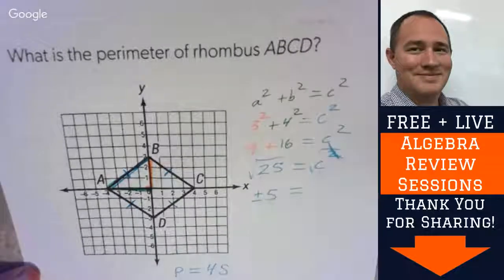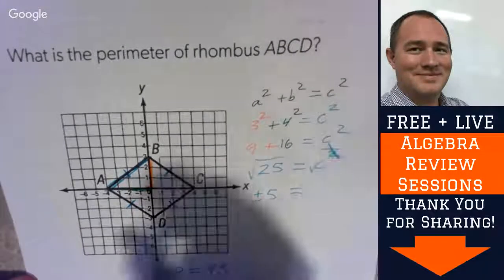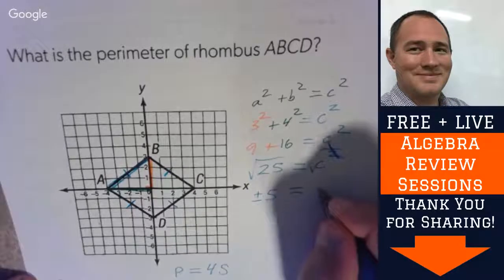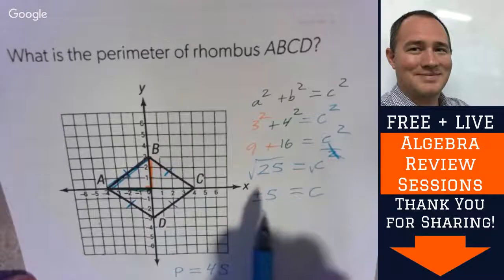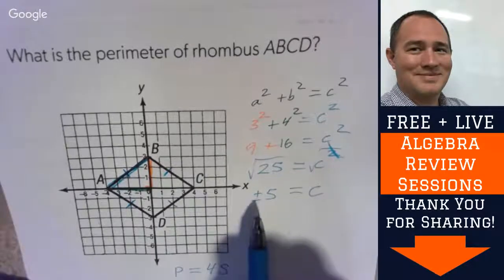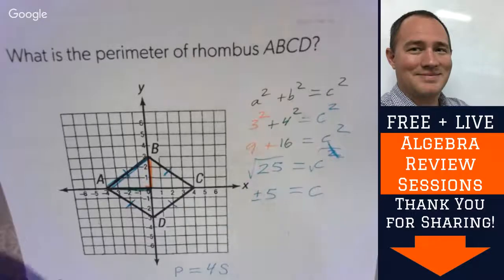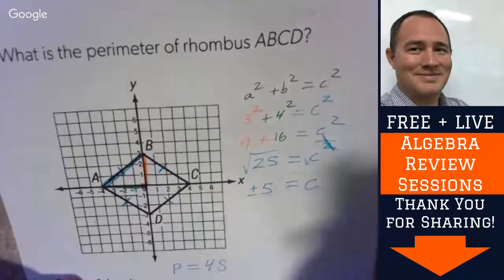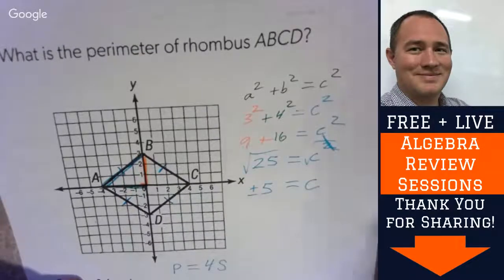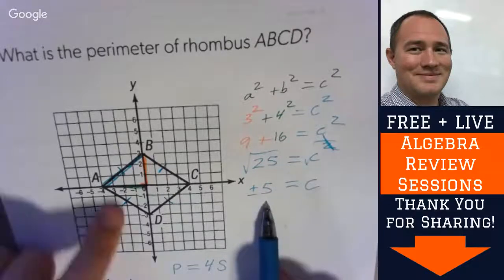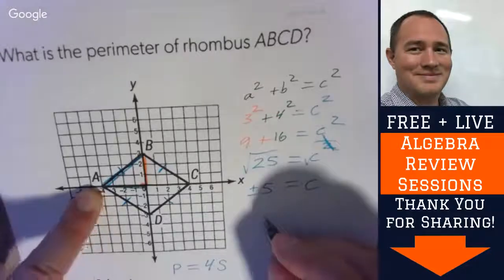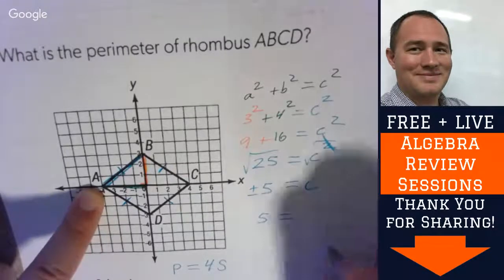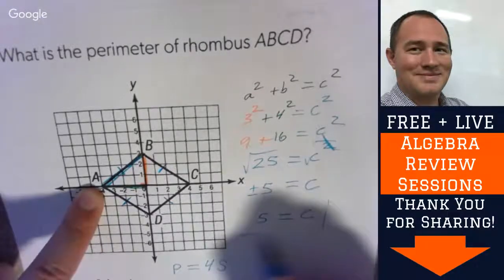Remember, anytime we take the square root, mathematically there's a positive solution and a negative solution. EOC has all kinds of little questions like that to trip you up. But since we are dealing with positive dimensions, only the positive solution makes sense here.